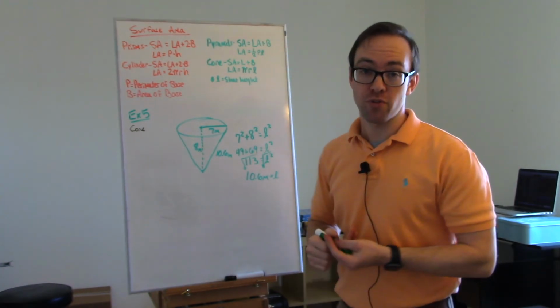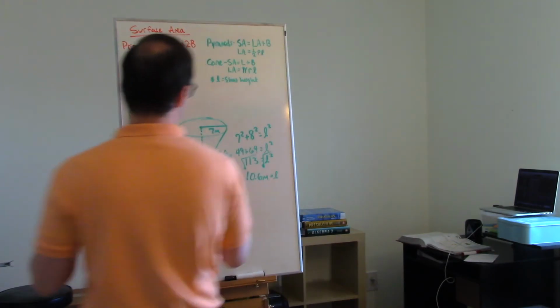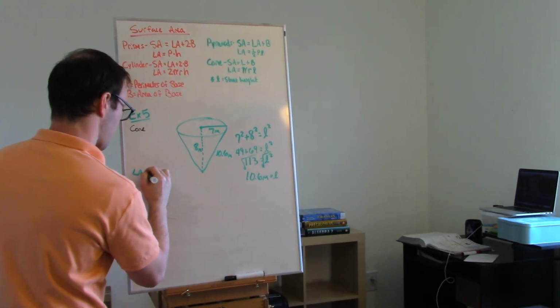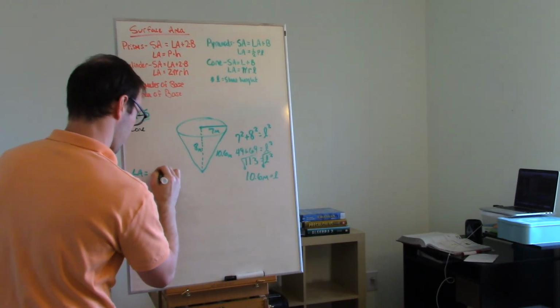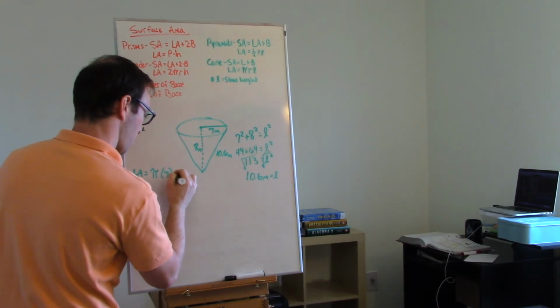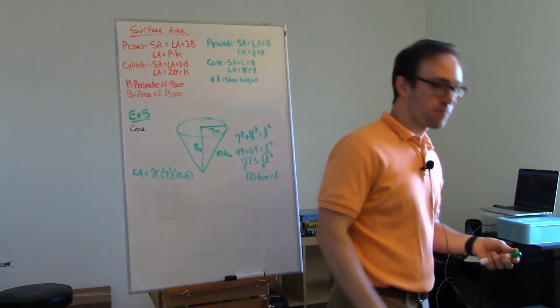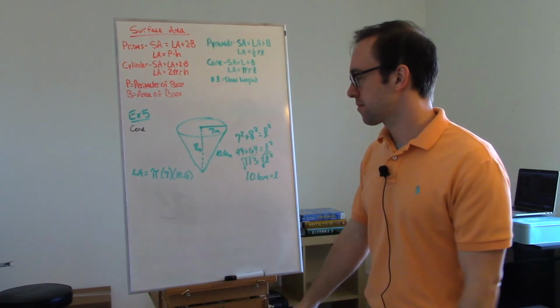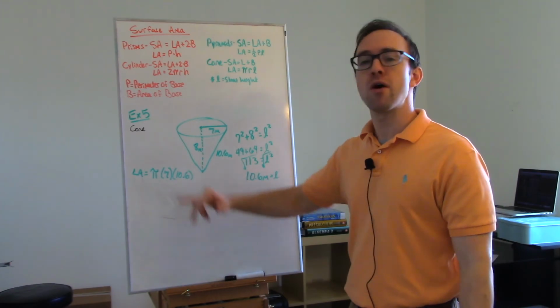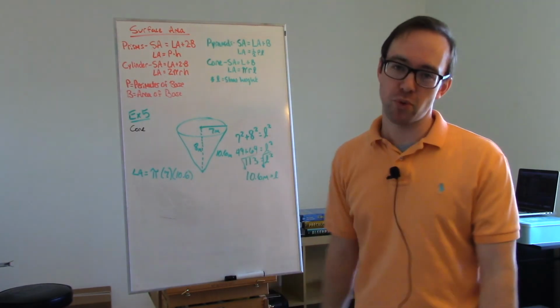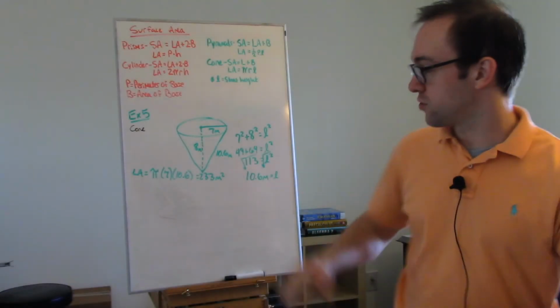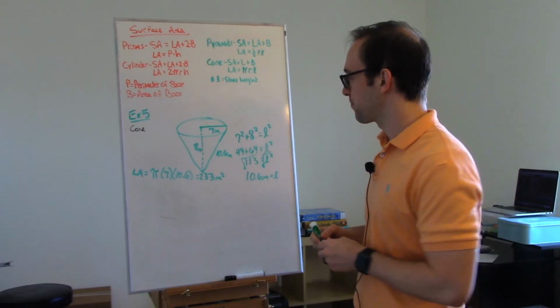Now we can utilize both of our formulas and solve. The lateral area is pi r L, pi times 7 times 10.6, which is 233 meters squared.